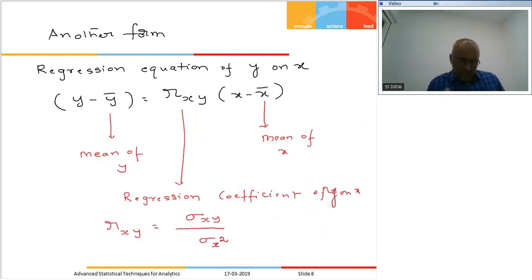The other form which we use to represent mathematically the regression line, the regression equation of y on x, can be written as follows.